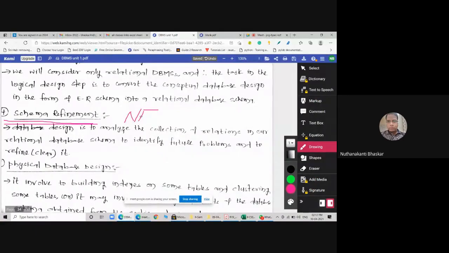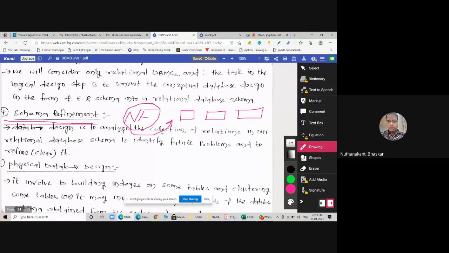We are going to apply normal forms on the relations. That means it is going to change your relations. Sometimes these relations are going to be divided into some more sub-relations as per the normal form. I told you normal forms are very important because of the normal forms only the database management system is working.